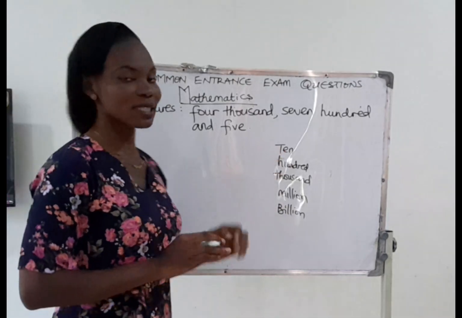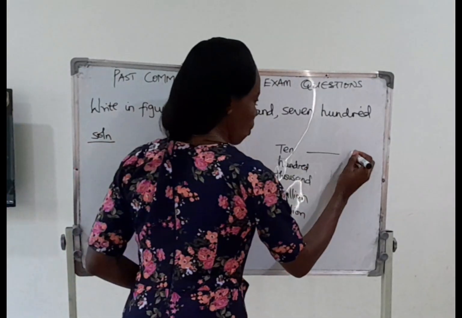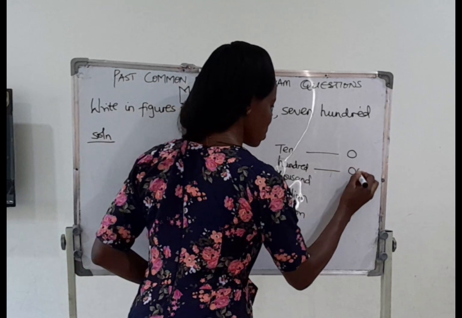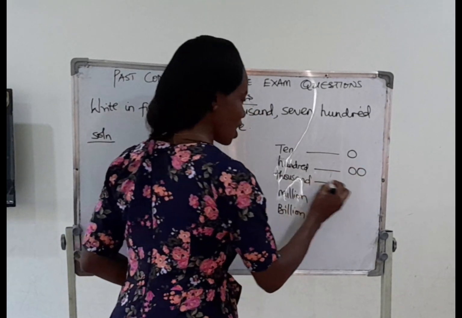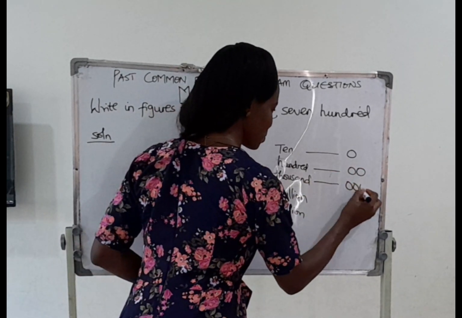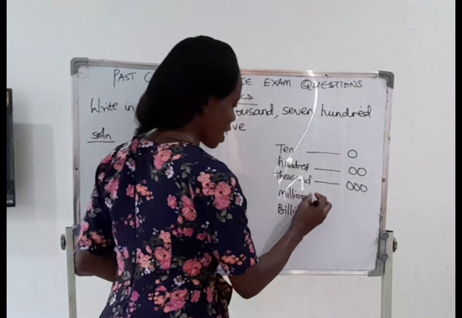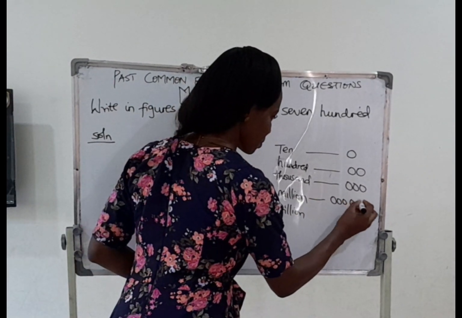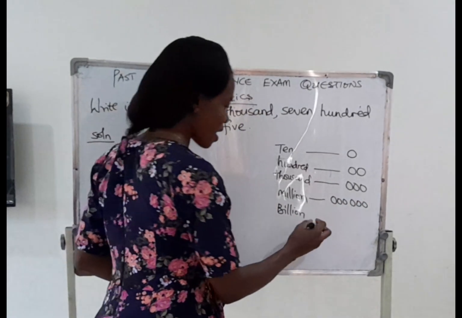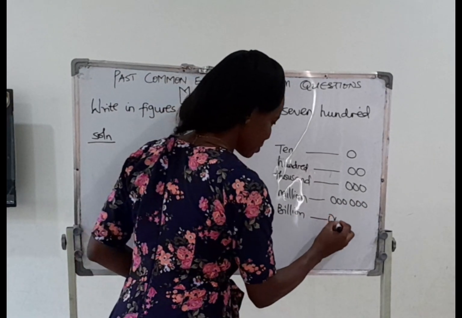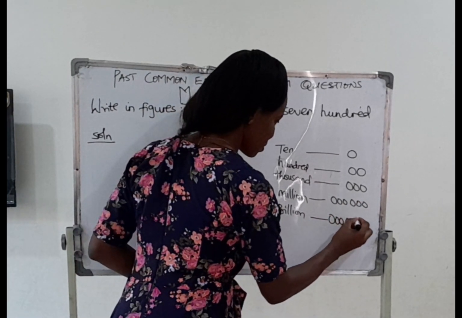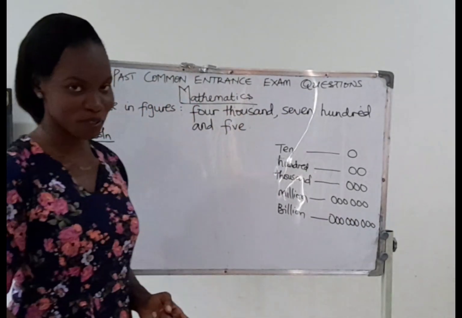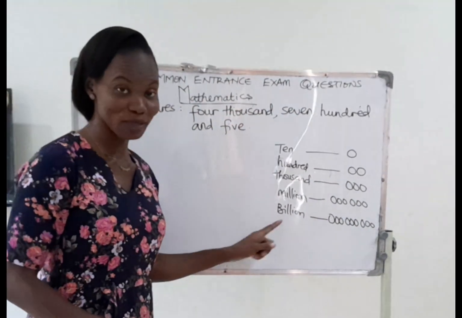Okay, so let's start. 10 has 1 zero. 100 has 2 zeros. 1,000 has 3 zeros. Million has 6 zeros. Billion has 9 zeros. Trillion has 12 zeros, but I'm stopping at billion.